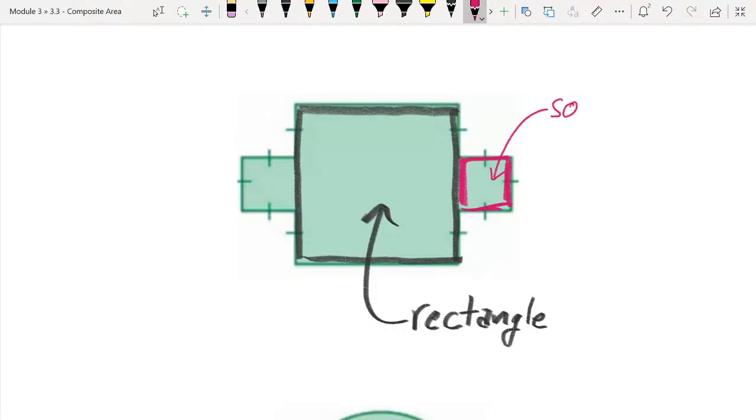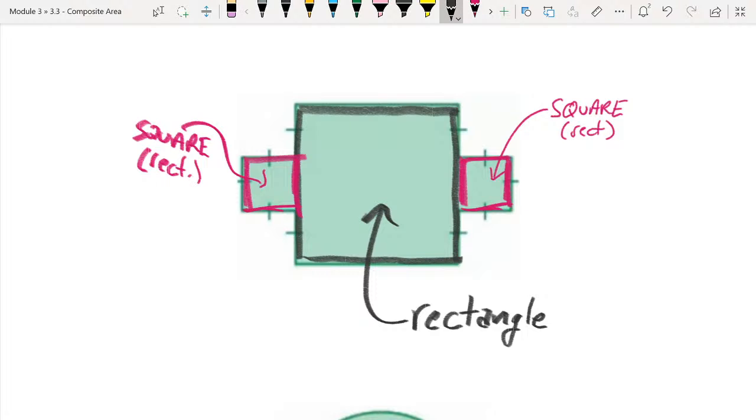So this is a square, which is of course just a kind of rectangle. But you know it's a square because it actually shows you that all the sides are the same. And this is a square. Which again is just a special kind of rectangle.